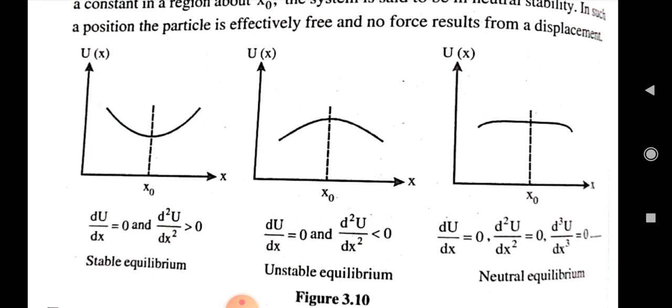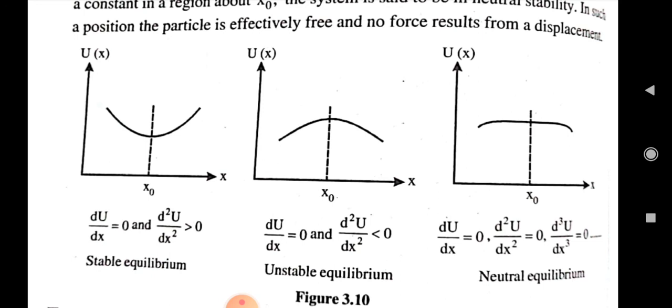Unstable equilibrium means du by dx is equal to 0 and on either side of the point the curvature is less than 0, that is, the curvature decreases, that is d by dx of du by dx. So the point is an unstable equilibrium point.